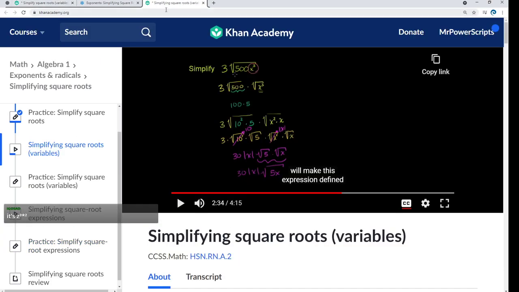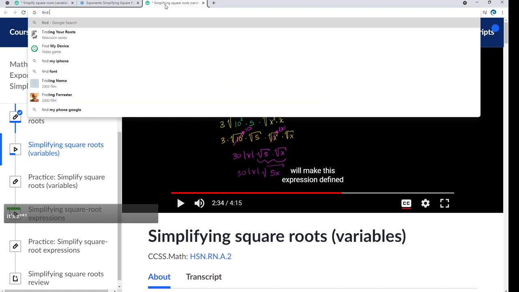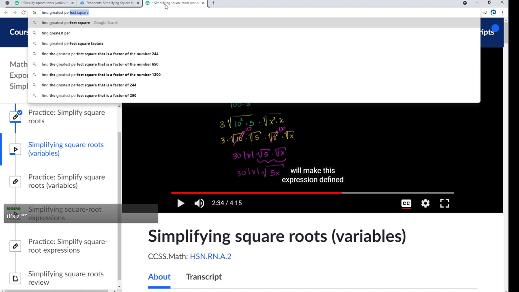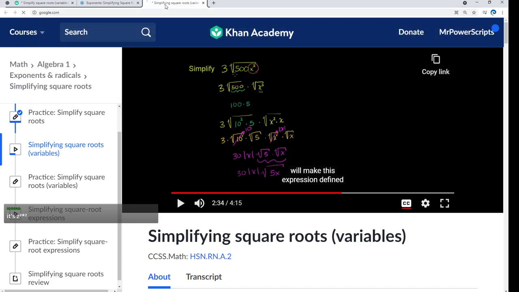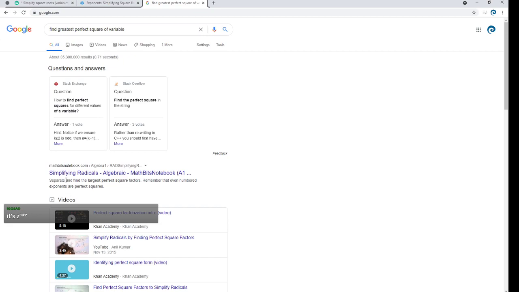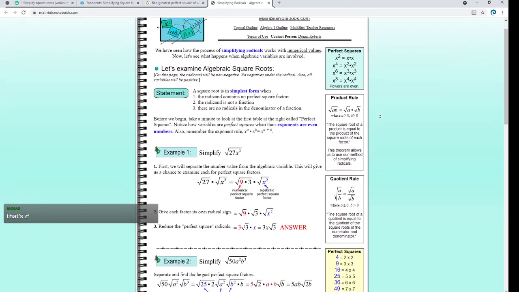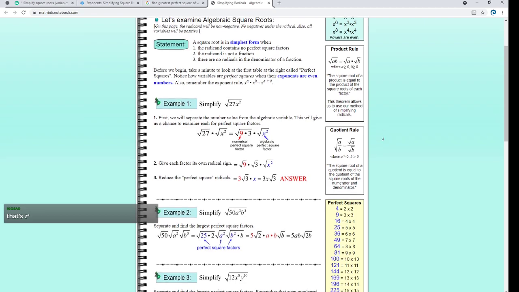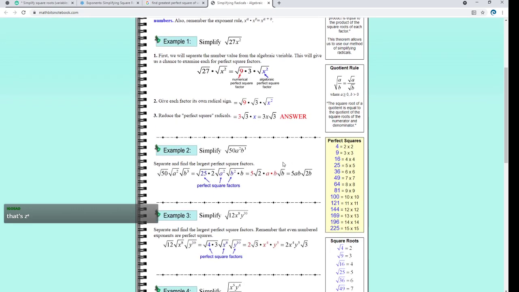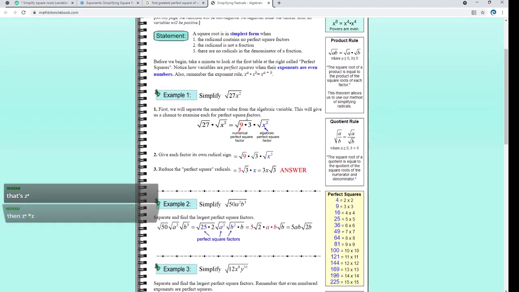We're just going to Google it. Find greatest perfect square of variable. Simplifying radicals. Is that what I want? Okay, here's another example, but it's with x2.